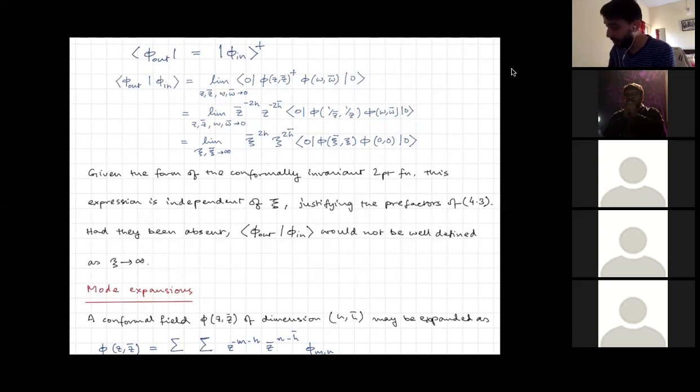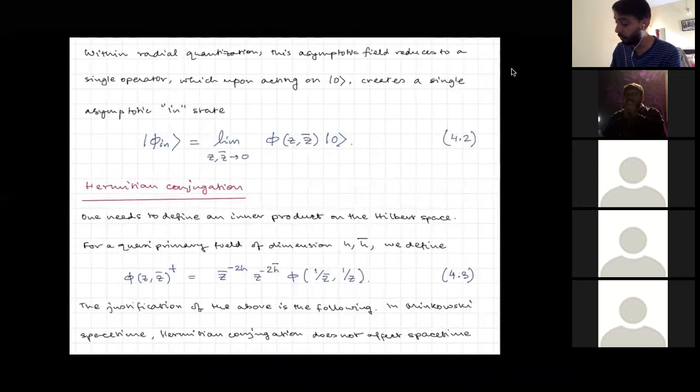Given the form of the conformally invariant two-point function, this expression is independent of xi. So that is why you have to have these prefactors. Otherwise, if they had been absent, this would not have been well defined in the limit of xi going to infinity.